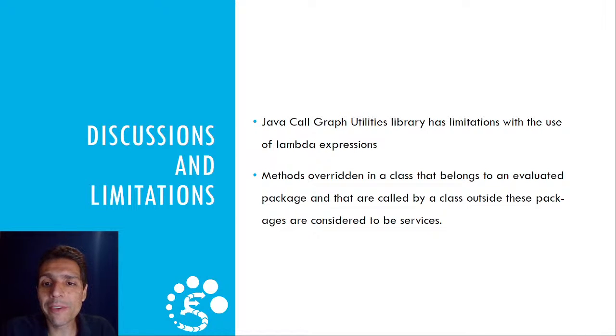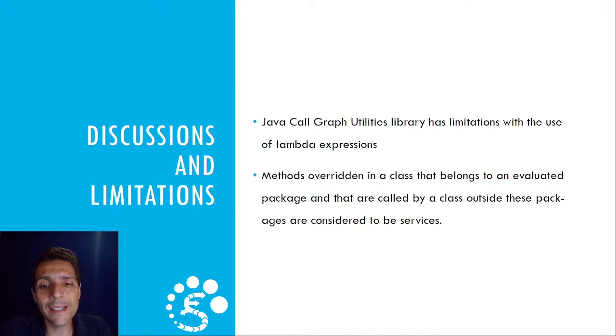And methods that were overridden in a class that belongs to an evaluated package and that are called by a class outside this package are considered to be services. This is another limitation. Since we build candidates from methods that are not called by anybody, if a method is called by a class outside the package of the monolith, our software didn't see it.